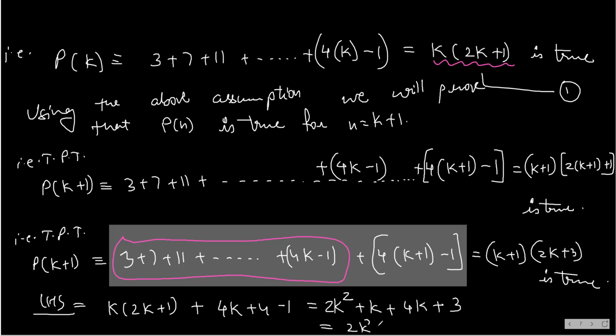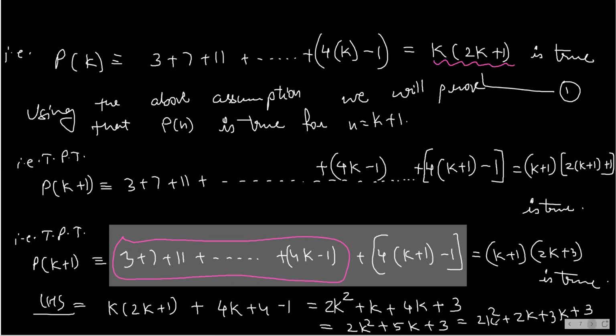That is 2k square plus 5k plus 3. That is equal to 2k square plus, I can write this 5k as 2k plus 3k plus 3.